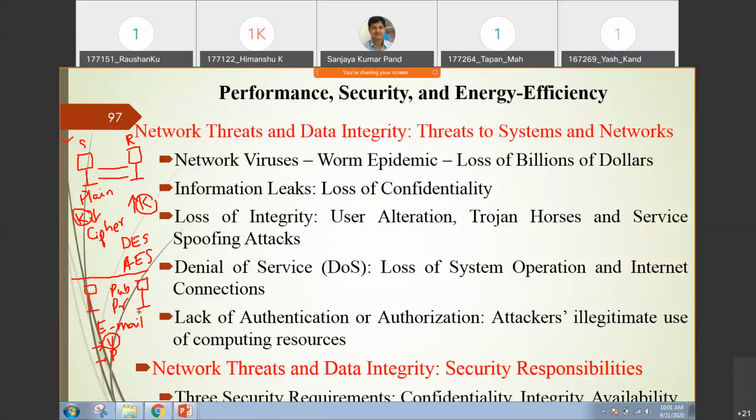So the sender requires the username of the receiver. That is what we call a public key. By using the public key of the receiver, I can encrypt my message, or convert my plain text to ciphertext.